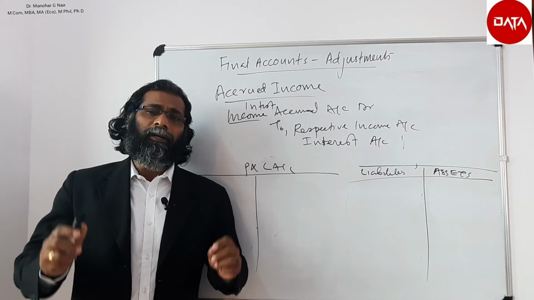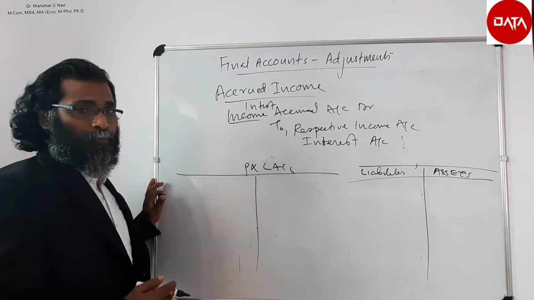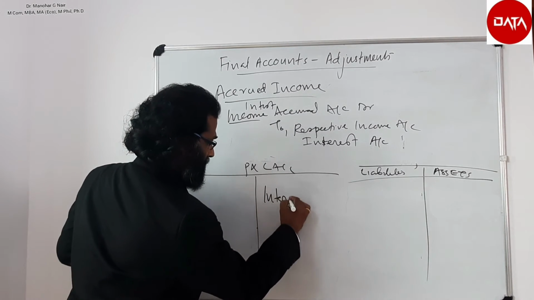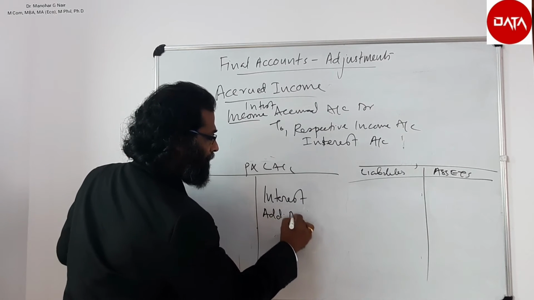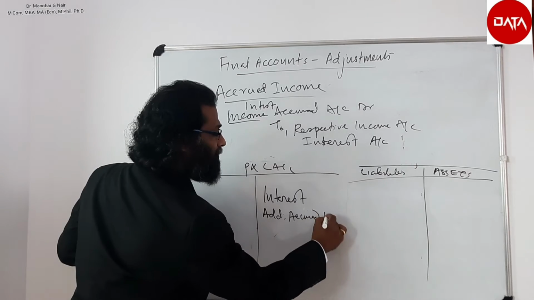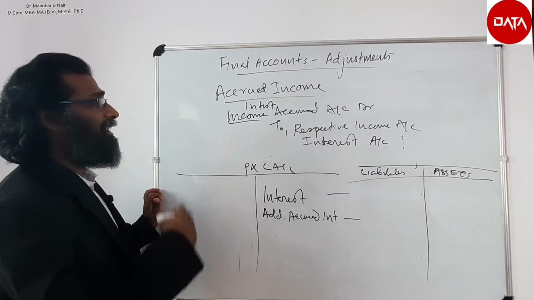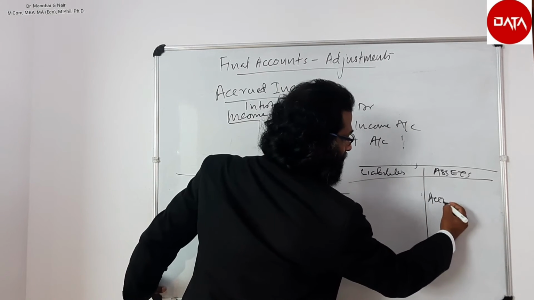And the twofold effect is that it should be added along with the respective income in the P&L account. For example, interest: add accrued interest in the credit side of the P&L account, and in the balance sheet it should be written in the asset side, accrued interest.